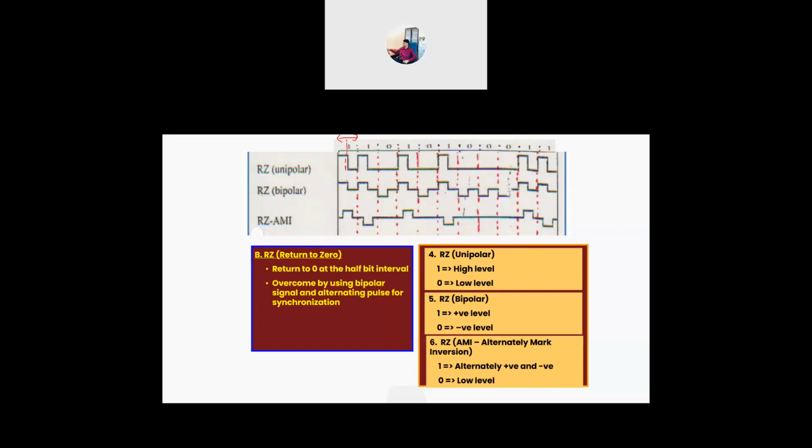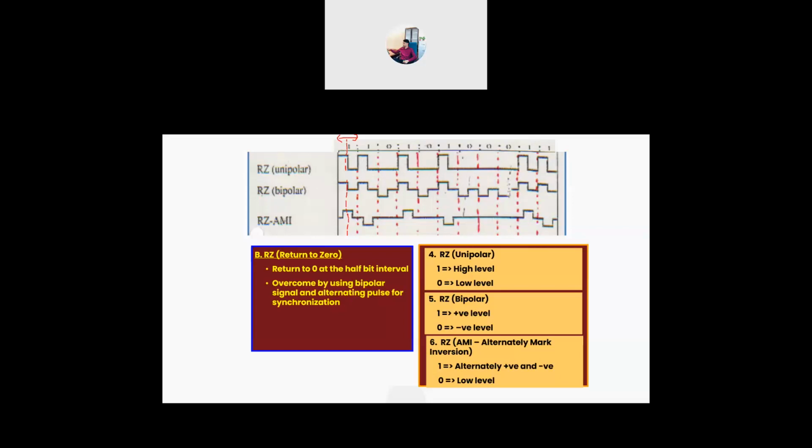It must return to 0 at the half bit of the interval. This is overcome by using bipolar signal and alternating polarity for synchronization. So we have a problem with synchronization, right? So we can use bipolar signal and alternating polarity for synchronization purposes.